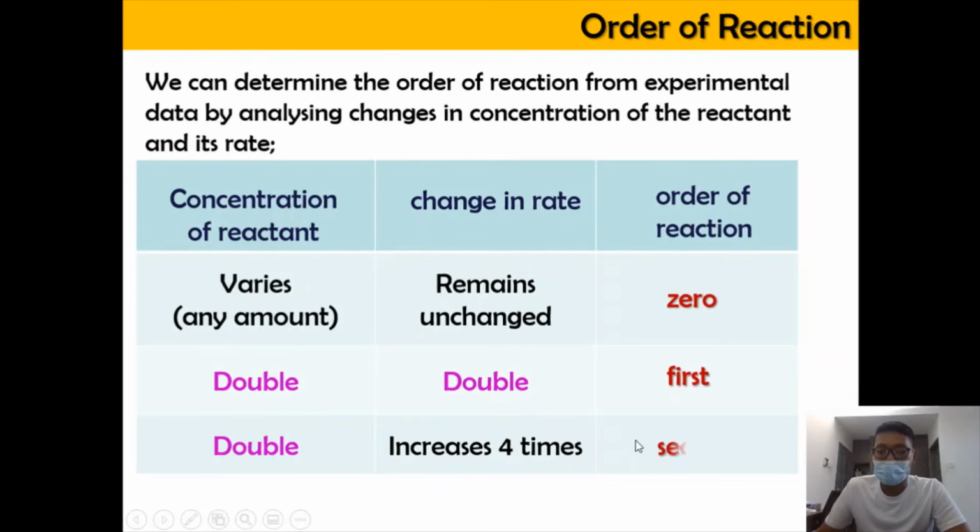However, in the second order reaction, if the concentration is doubled, the rate is going to increase by 4 times. So it basically refers to X, and the change in rate is going to be X squared. Here, if X changes, the rate changes by X. So if this one is tripled, this one will be tripled. But here, if this one is tripled, this one is going to be 3 to the power of 2, which is 9. Okay, so this is the best summary to look at.